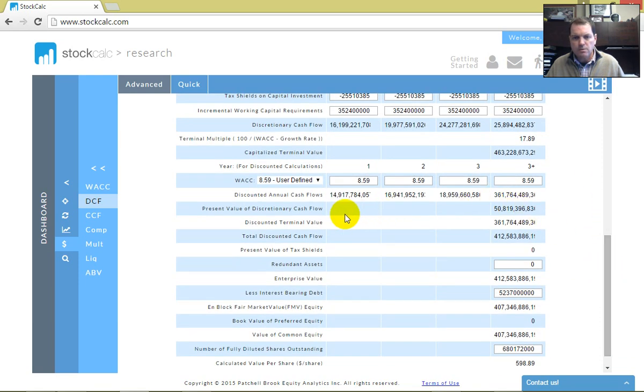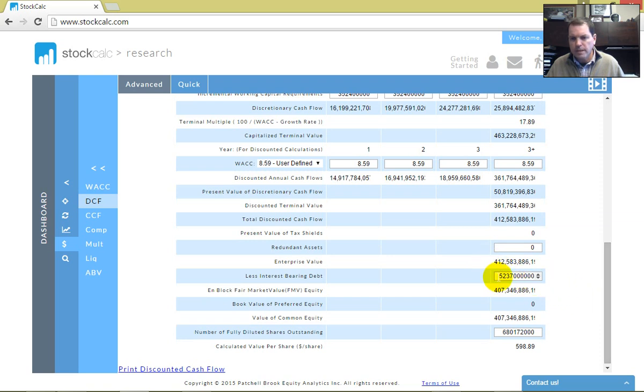We discount all of this at our cost of capital, add them all together, remove any interest-bearing debt and any preferred stock that's in the company to give us the value of the common stock or common equity. We divide that by the number of fully diluted outstanding shares to come up with a value per share calculation.